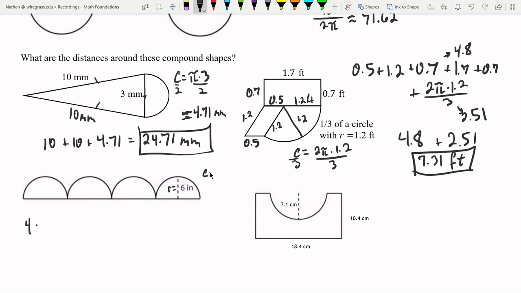The circumference equals 2 pi times the radius, and we find half of this. What that's going to give us is 2 pi times the radius 6. And actually this 2 and that 2 will cancel each other. So really all we have to do is pi times 6. And we're going to have 4 of those. So 4 times pi times 6.